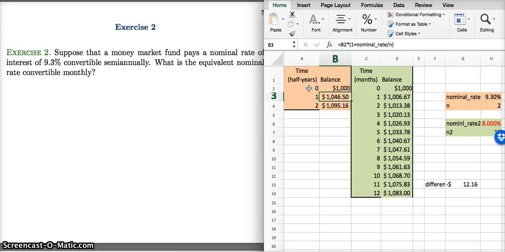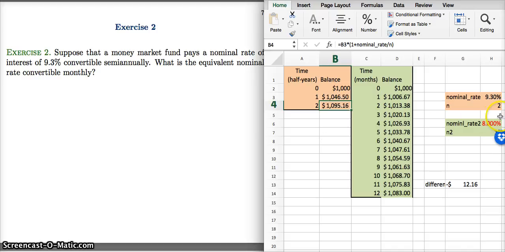At the 6-month point, at t equals 1, I multiply by 1 plus the nominal rate divided by n, which is 2, to give me the amount in the account at t equals 1, and then I do the same to get the amount at t equals 2. So I have $1,095.16 at the end of the year, assuming a nominal rate of 9.3% convertible semi-annually.